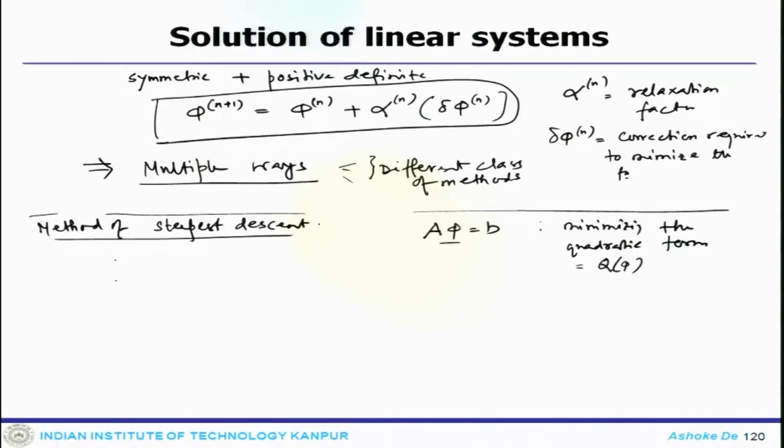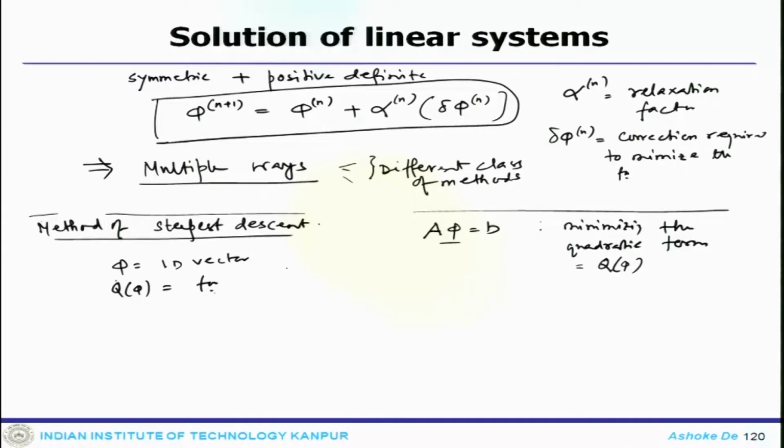Here phi is a one dimensional vector of a given scalar phi, and Q phi represents some function. Finding the minimum of this, one can think of it as a parabolic function.